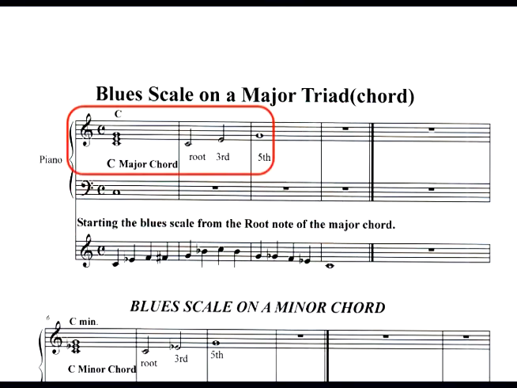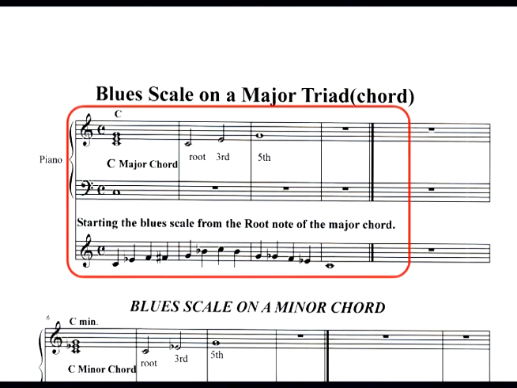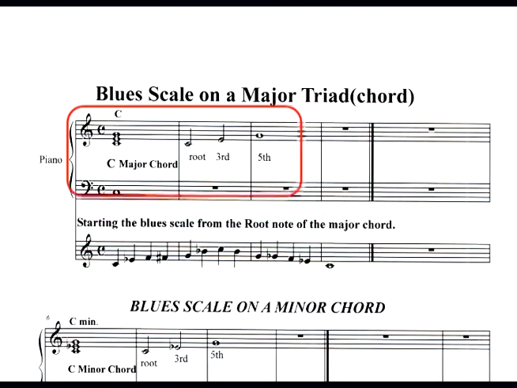You can use it against a C major chord even though you have a minor third for your first 2 intervals. So the major chord has C as the root, E as a third, and G as a fifth.